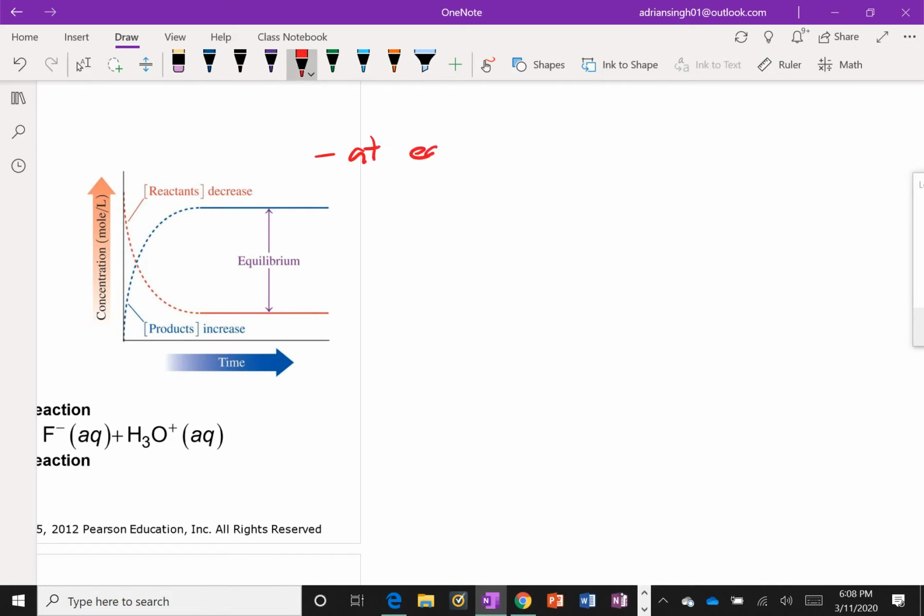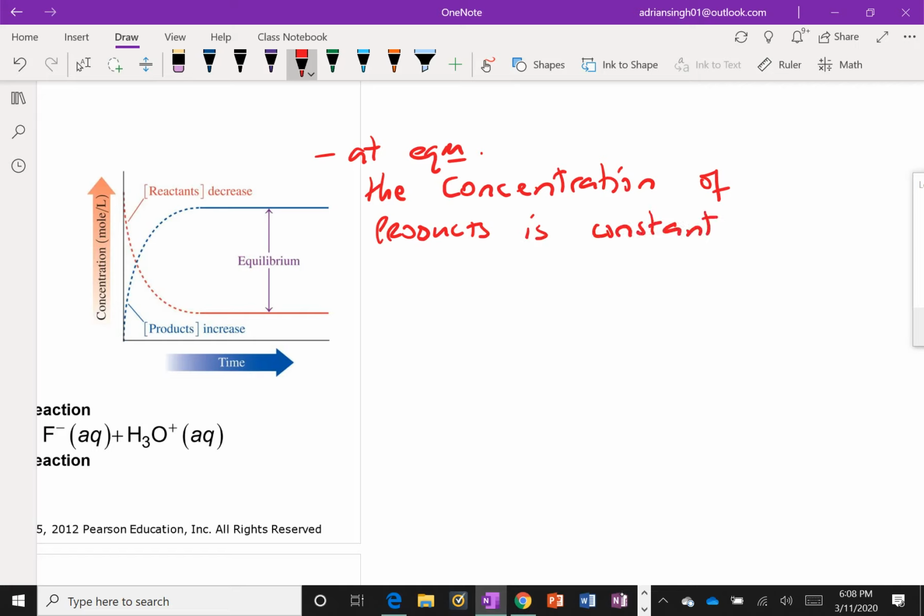And what that suggests is that at equilibrium, the amount, or the concentration, which is a better term to use, of the products is constant, because as they're made, they're being used back up. So the concentration doesn't change.